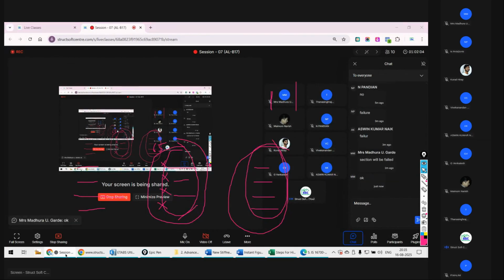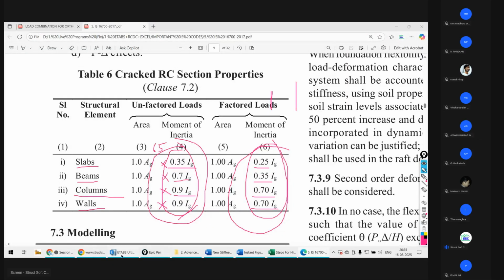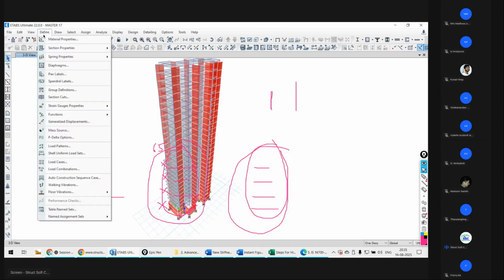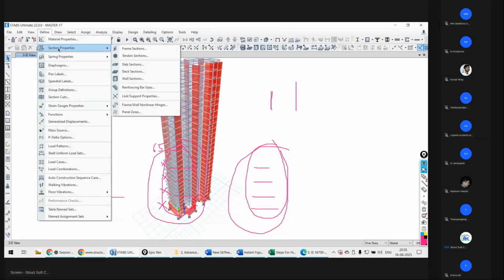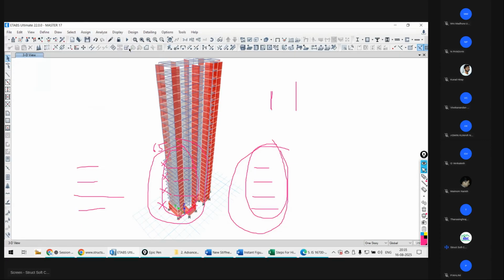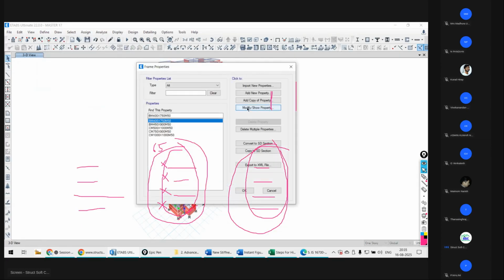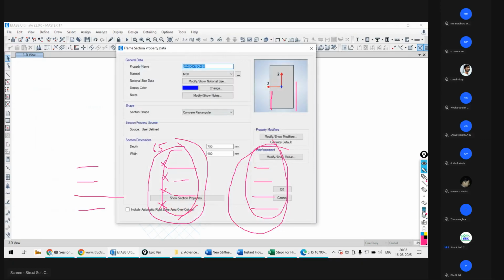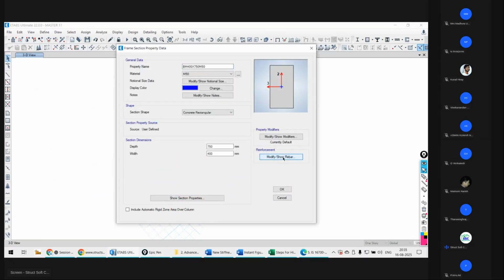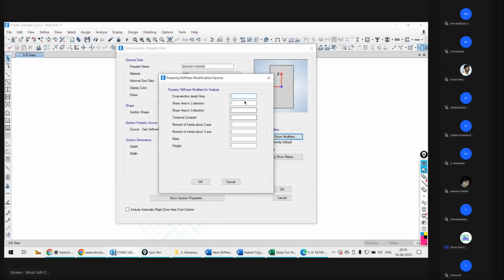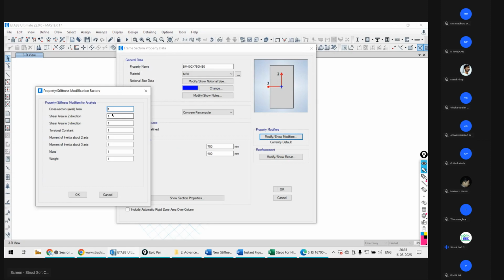Yes or no? So I need to go to your ETABS, go to define, go to your section property, and go to your frame section, beam. Just click over the modify. Once you click over the modify, clear it, go to modify and show modifier.